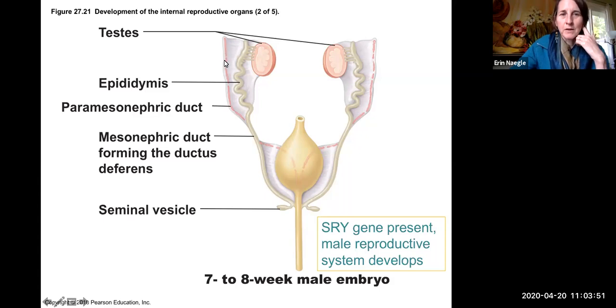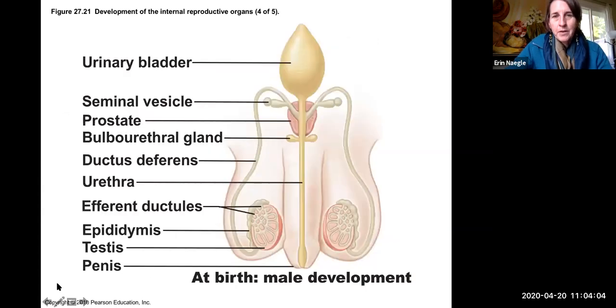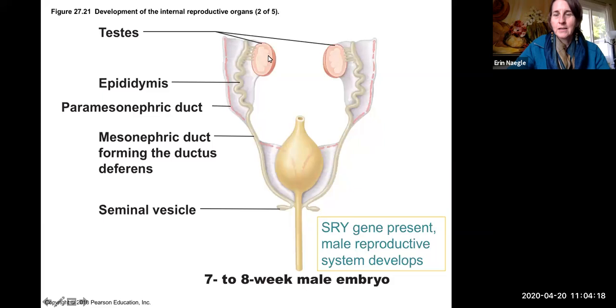And then that paramesonephric duct, that other set of ducts, atrophies, degrades, and dies off. So that by birth, the male reproductive system has developed. And now we can also see how that circuitous route of the ductus deferens happens, that initially these testes are up here, further up in the body cavity, and that they have to descend over the pubic bone.